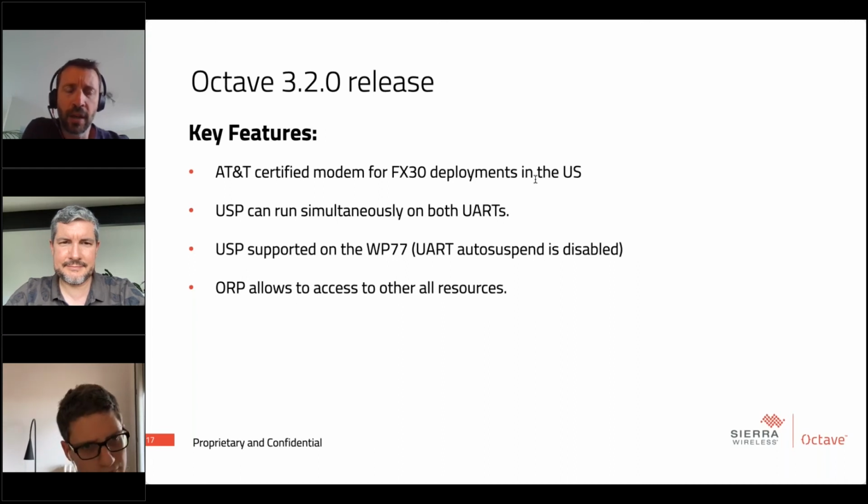And the really nice part, keeping the same spirit that we have with Octave on all the features we design, is that you just pick that SKU, which is the same hardware, everything, just with an AT&T SIM inside and an AT&T certified modem, and the platform will automatically download the appropriate firmware to those devices.